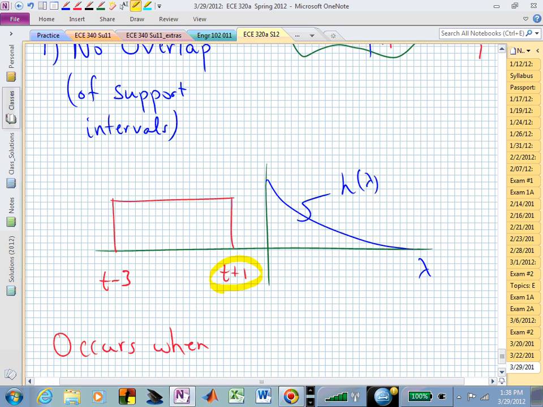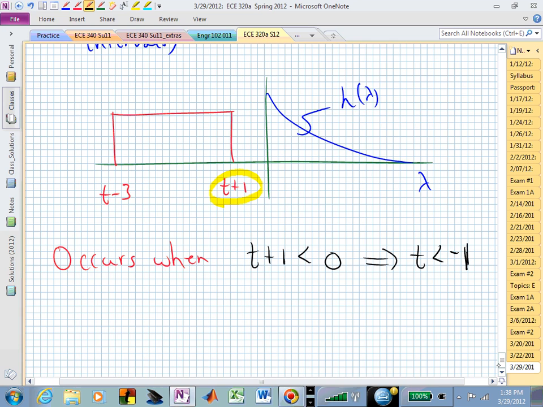So this overlap pattern occurs when t plus 1 is less than 0, or as long as t is less than -1.